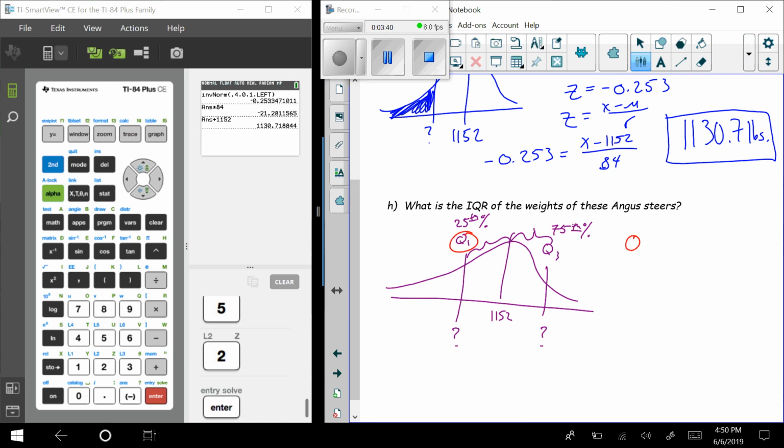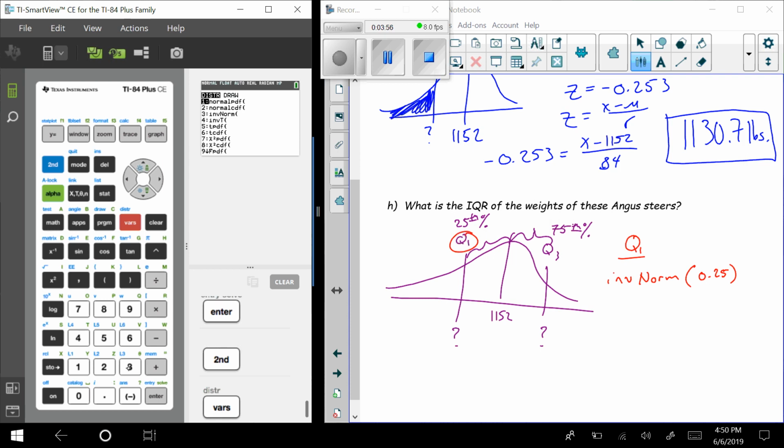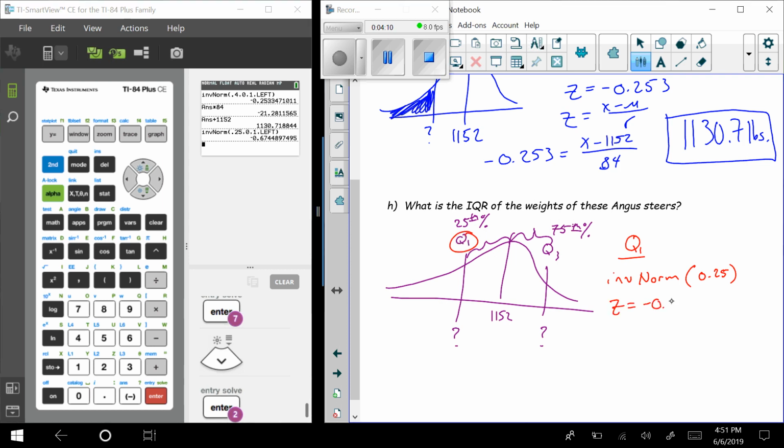So Q1, we're going to find that by doing the inverse norm of 0.25 because it's the 25th percentile. Well, okay, that's second, inverse norm, that's 3, that's 0.25, it's on the left area, and we hit enter, and we get a negative, the z-score for that is negative 0.674.